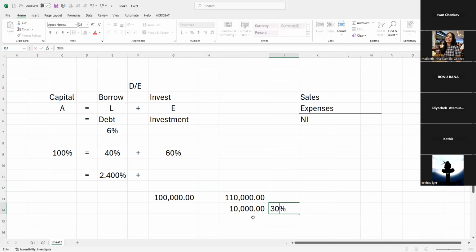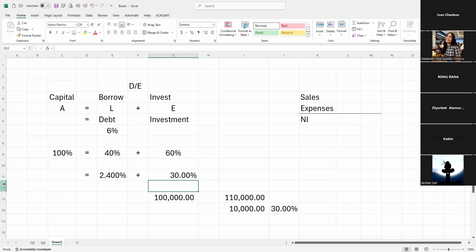30%. So if I see 30 here, watch this. That percentage will be here, right? So the question is, what's my cost of the investment?